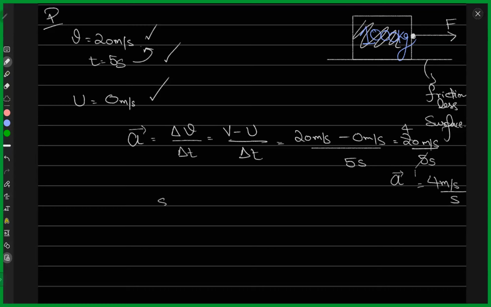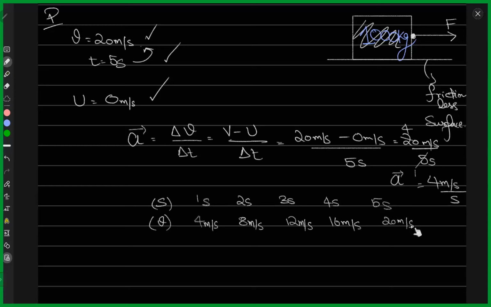So again, I can write it like this, right? So 1 second passed, speed increased to 4 meters per second. 2 seconds passed, speed increased to 8 meters per second, right? 3 seconds passed, it increased to 12 meters per second. 4 seconds passed, it increased to 16 meters per second. And 5 seconds, it increased to 20 meters per second, right?